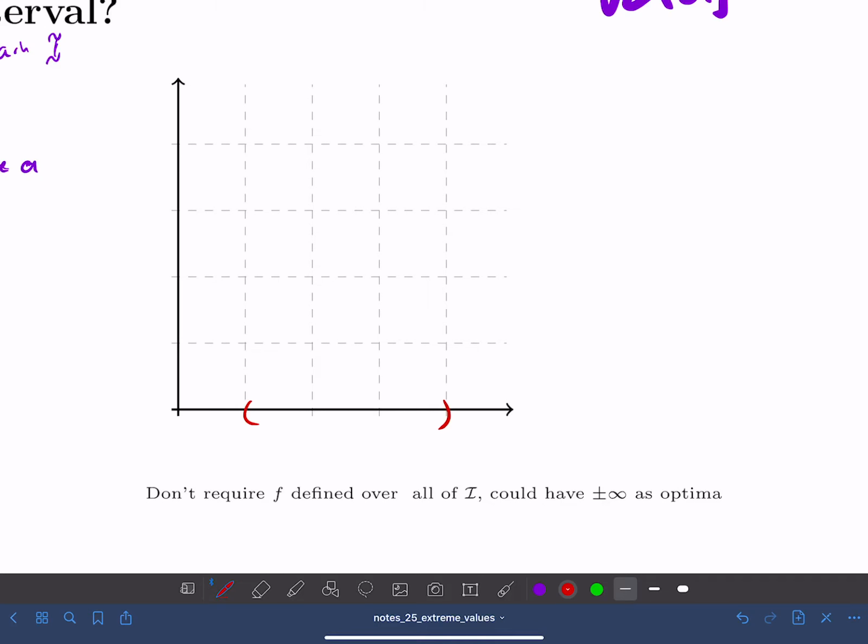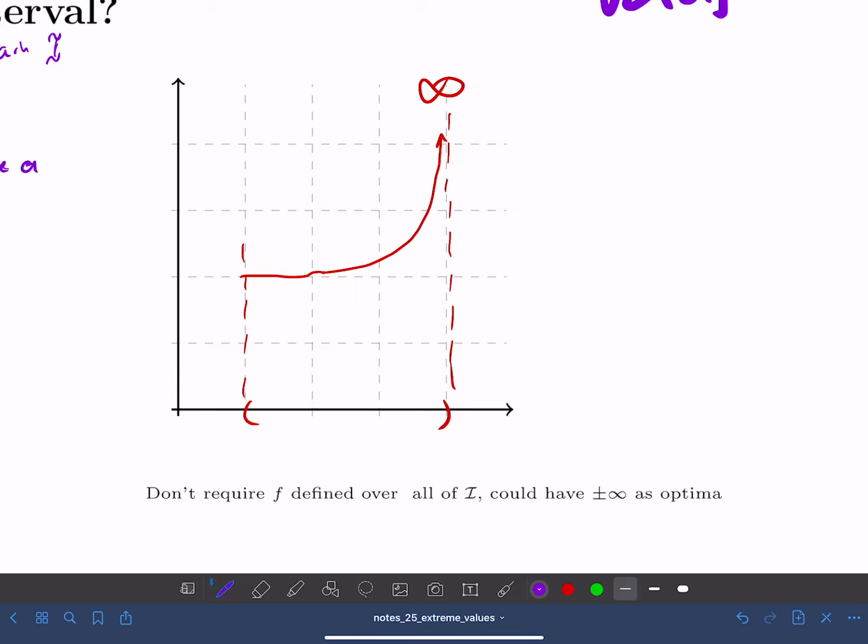I could have something like the function going off like that, even if something is happening normal over here. In this case, it's going off to infinity.